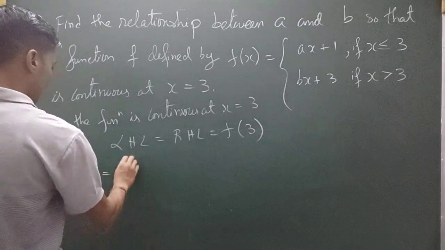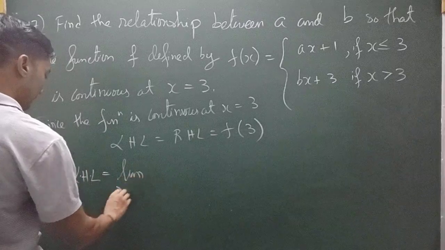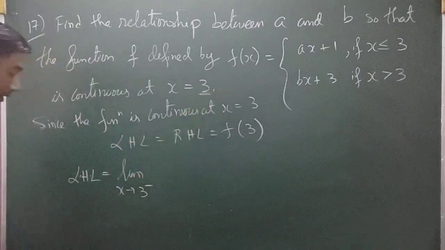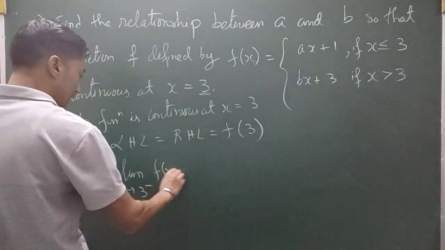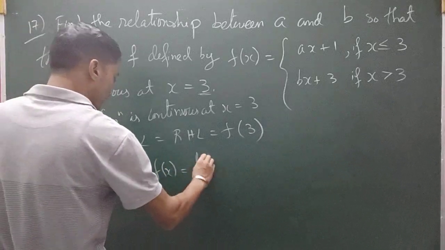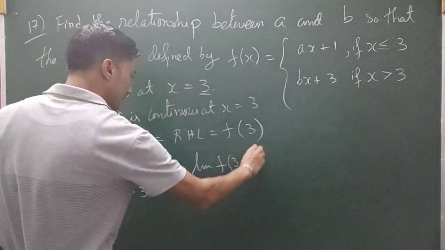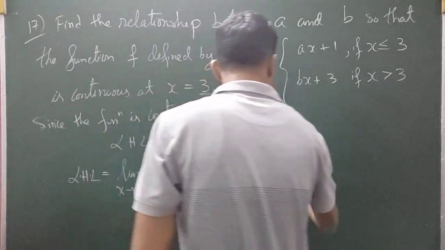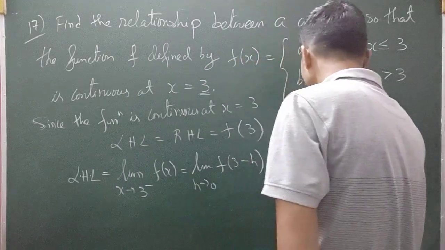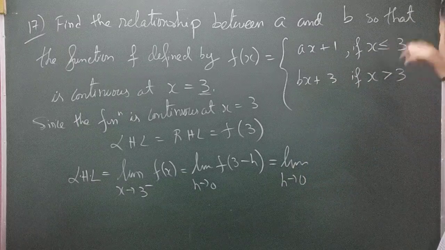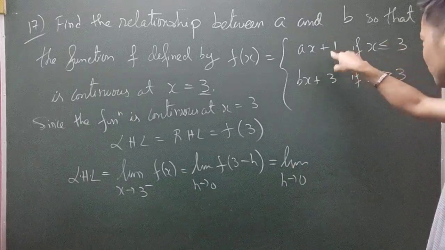That is the limiting value as x tends to 3 minus, because our point is 3. 3 minus, that is slightly less than 3, that is for a very small interval h tends to 0, f of 3 minus h. So what is the value of the function that they give you for values less than 3? This one, ax plus 1.